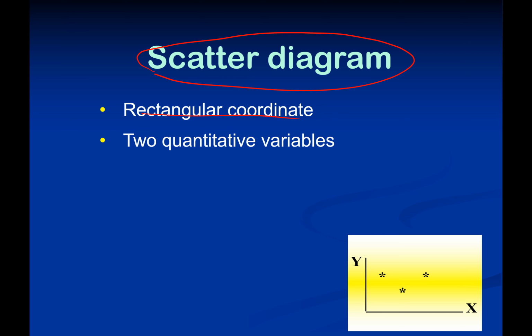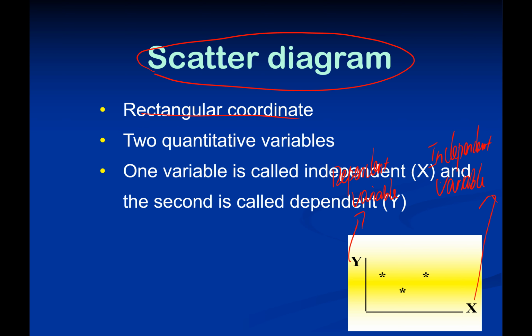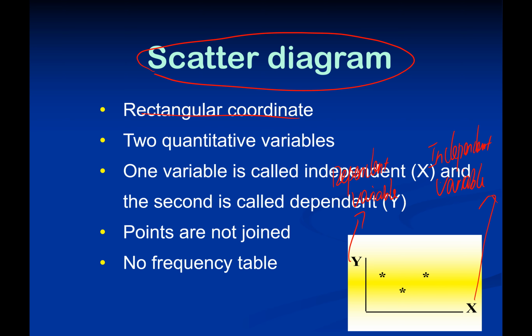X represents the independent variable, which goes on the horizontal axis, and the dependent variable goes on the vertical axis. The points are not joined, so we get points scattered around, and we do not have frequency tables here.